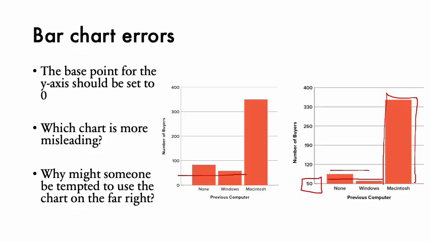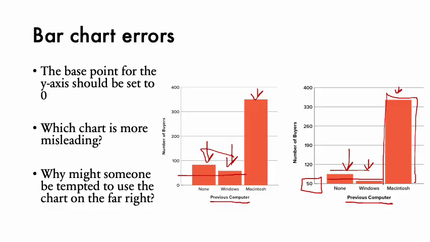So in this particular case, we've got, all right, how many people are switching to Mac computers. And we've got people who are switching from a Mac to none, people who are switching from Windows to Mac, people who are switching from Mac to Mac. And over here, we've got again, none, Windows, Mac to Mac.